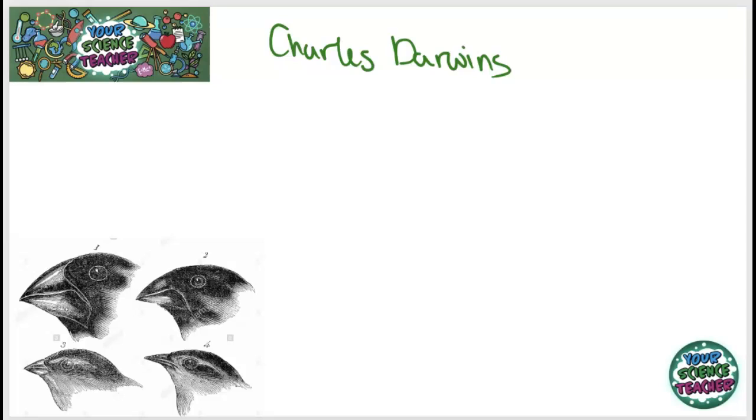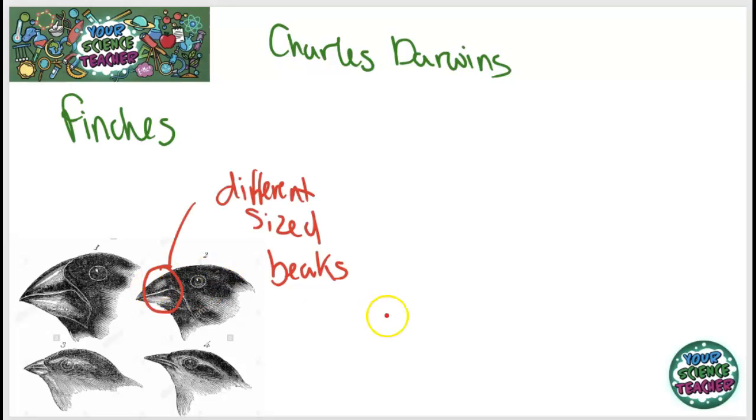What he did was he went to the islands of the Galapagos, and what he noticed was on these different islands there were different species of the bird finches. On each of the islands, they had different sizes. The size of them and shape of the beaks was related to the food they were eating on the island.